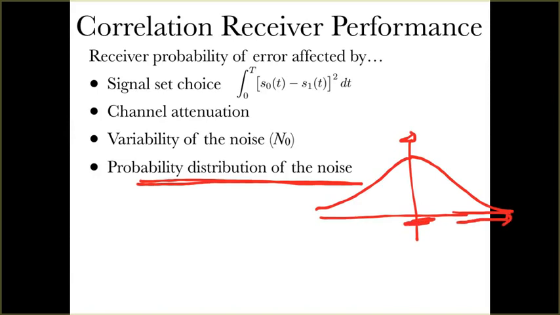So this plot here basically reflects the probability of getting a given amplitude at any particular time. And this Gaussian, which is given by something that looks like e to the minus x squared over 2, turns out to be a very common noise model that's used all the time in communication.